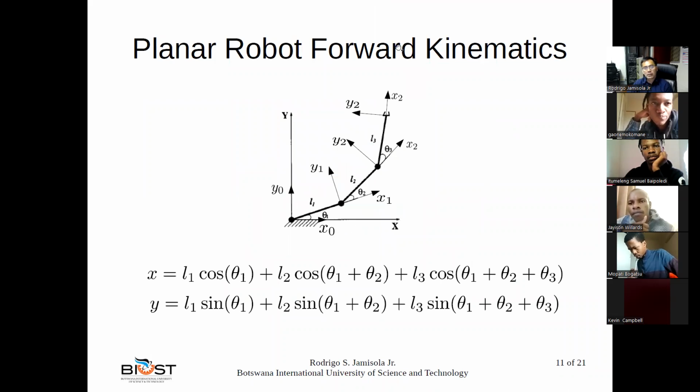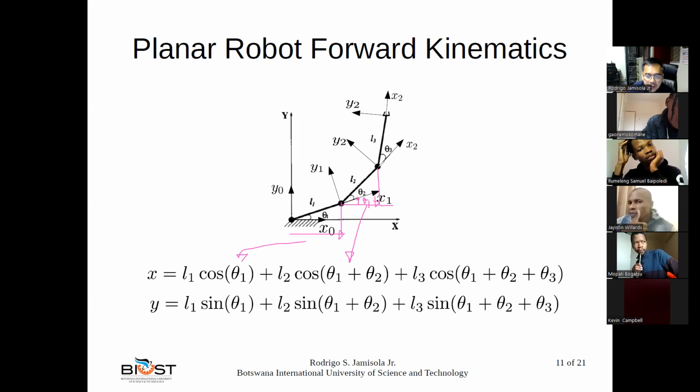So now you have this. Again, we add, and let me go through the motion so that I can emphasize. So that's L1 cosine of theta, and then you have theta 1 and theta 2. That is the component you add.